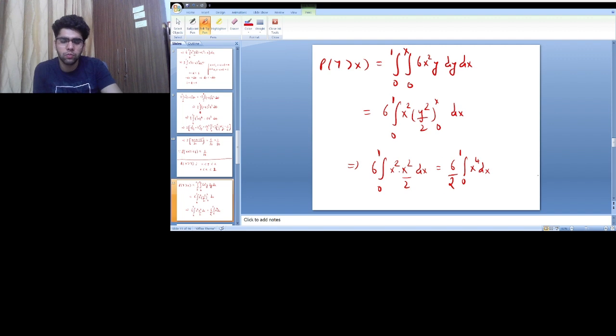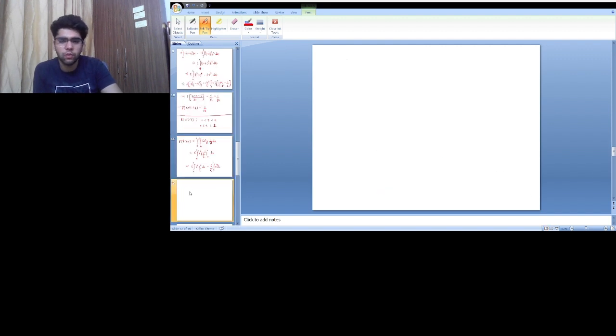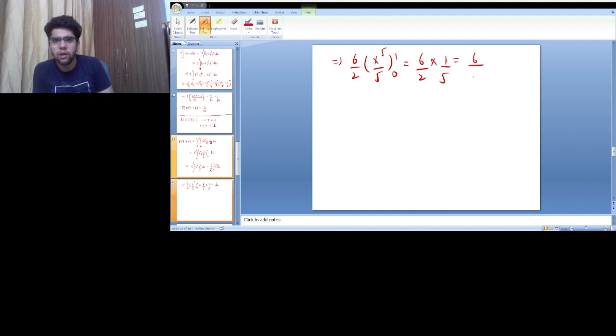Now integrating x to the power 4 gives me x to the power 5 from 0 to 1. This gives me 6 by 2 into 1 by 5, which is equal to 6 by 10, which is equal to 3 by 5.